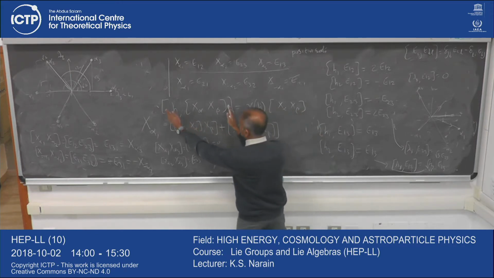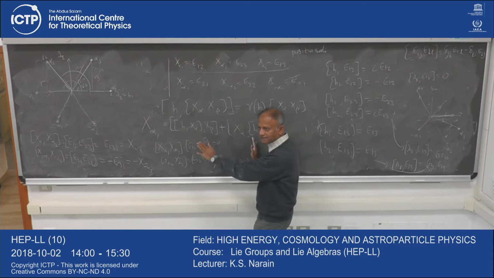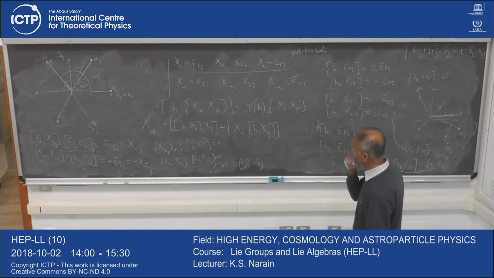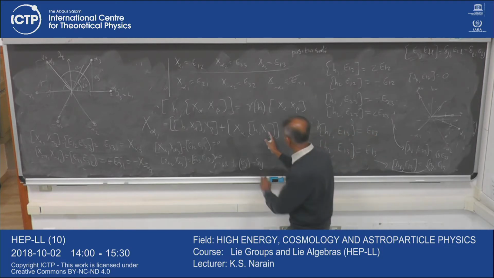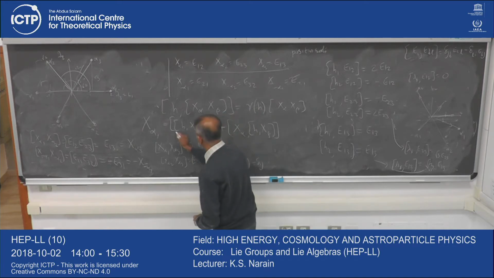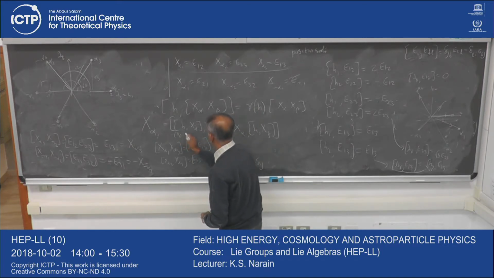We are saying that this is equal to that by the Jacobi identity. Are you convinced by that? Is there a minus sign? I can put this in the same order, so this will be minus x beta h, the same as minus x beta h x alpha.